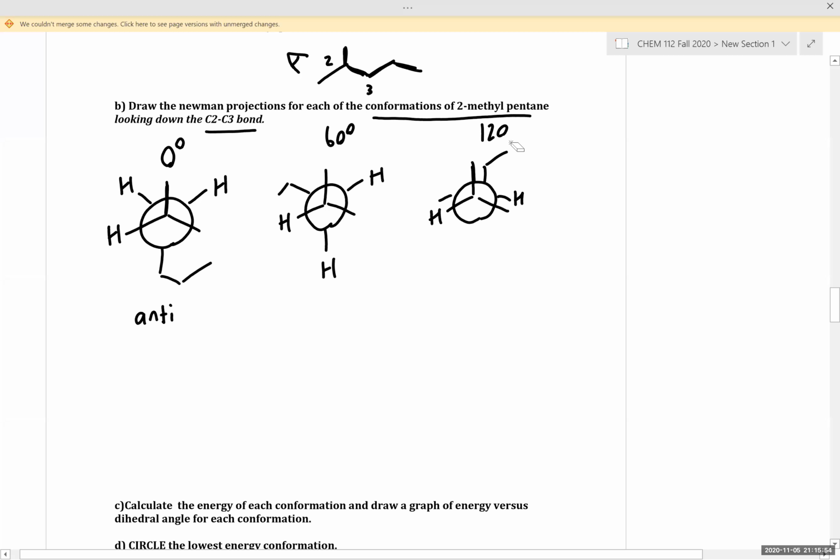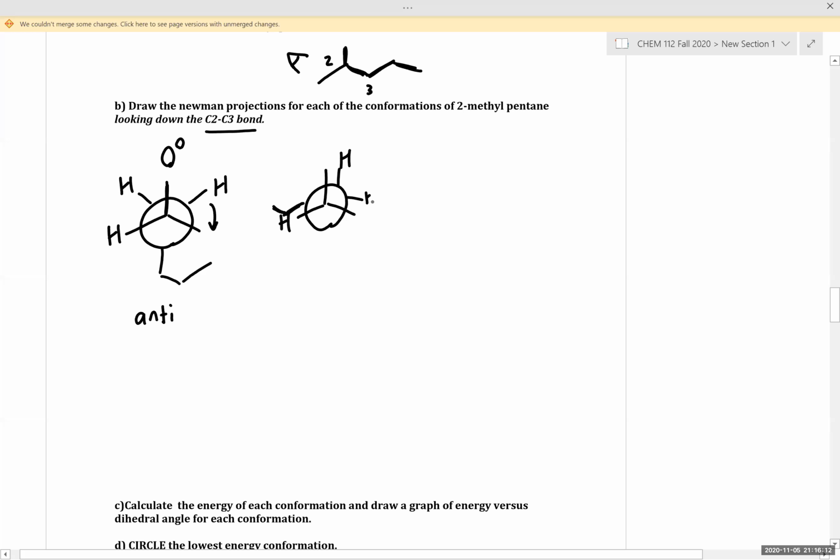Oh, I see. I skipped a step. Sorry about that. If we rotate 60 degrees, now our substituents should be completely eclipsed. There we go. Now for 120.